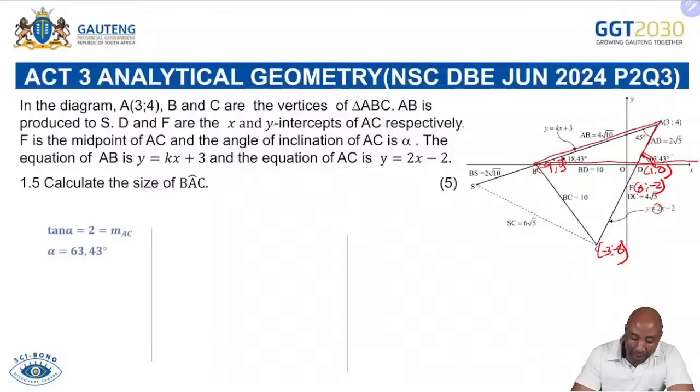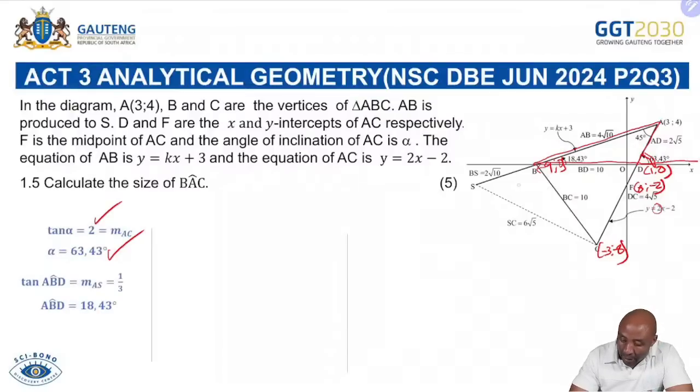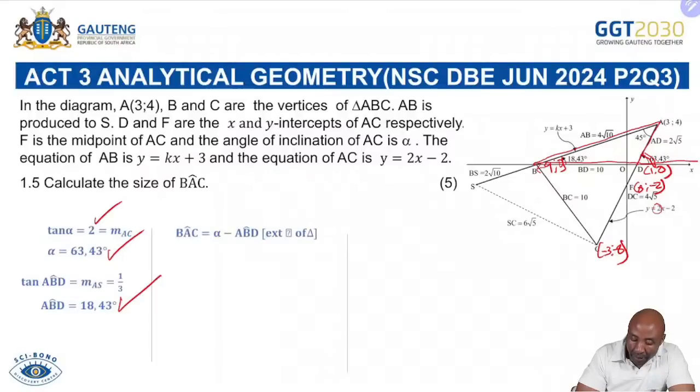So we use the gradient of AC to help us get that angle. And then from there, the gradient of AB will help us get the angle 18,43 degrees. And then from there, we are using the fact that the exterior angle of a triangle, which is alpha, minus ABD will give us the angle.